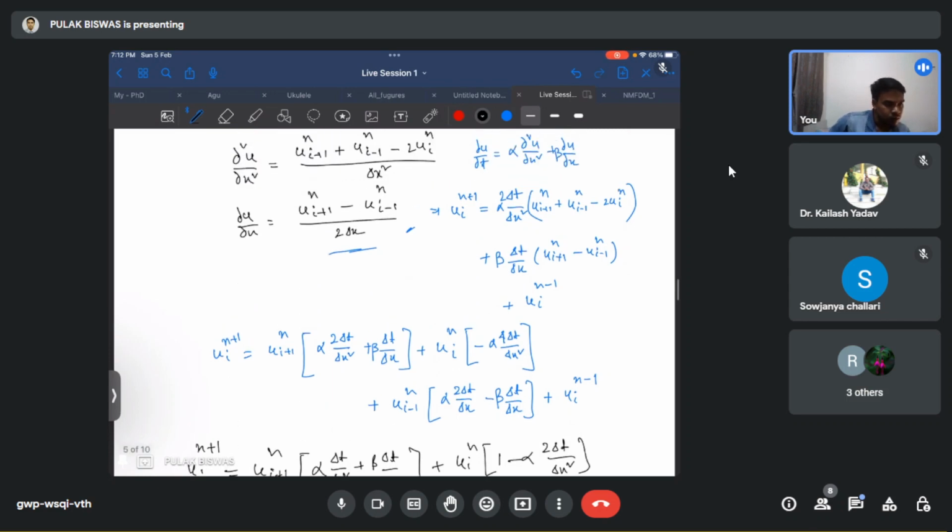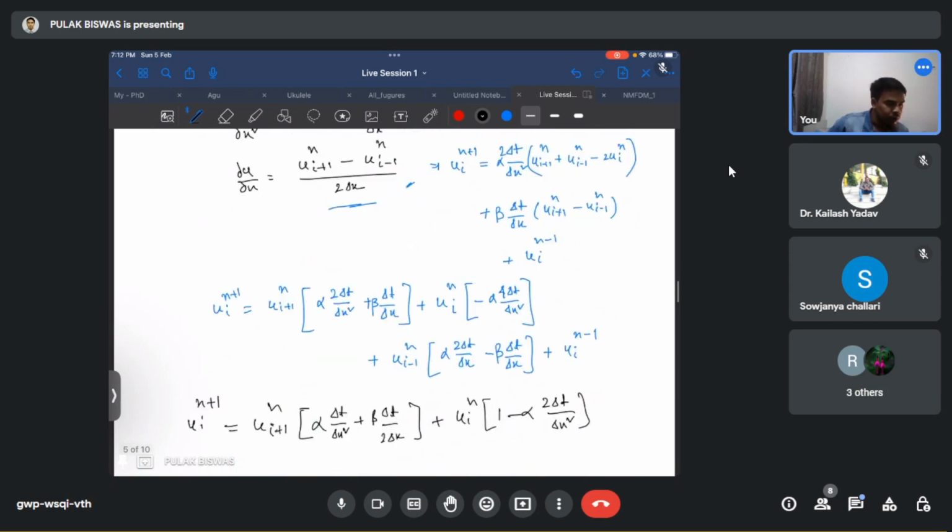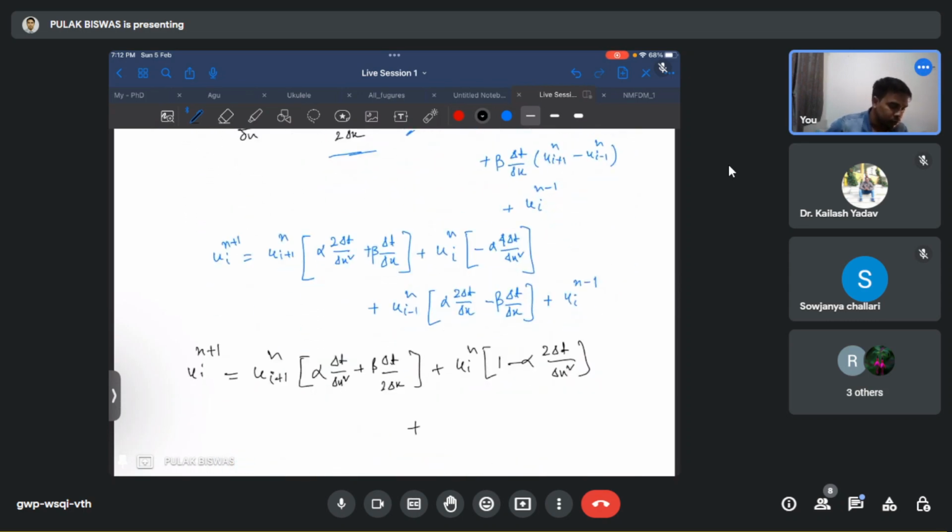And for this one, again it will be similar. No square term is there.